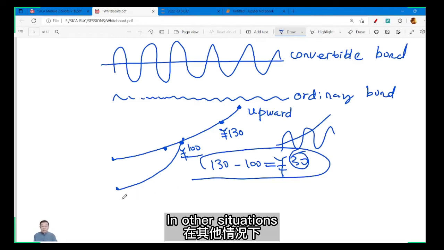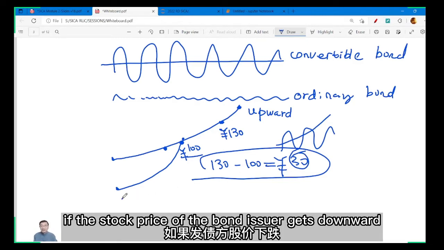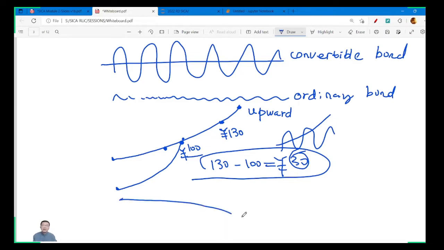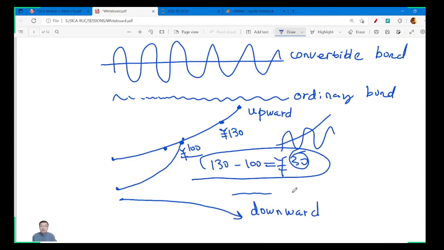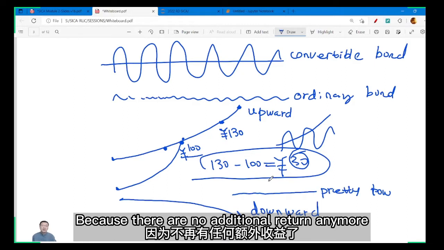In the other situation, if the stock price of the bond issuer goes downward, the price of the convertible bonds would be very low. It's pretty low, because there is no additional return anymore.